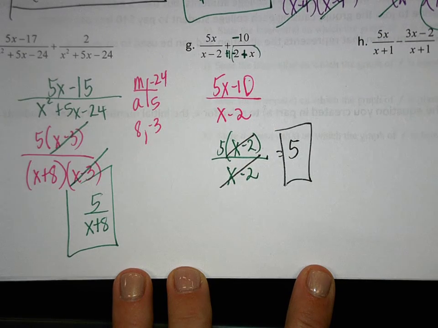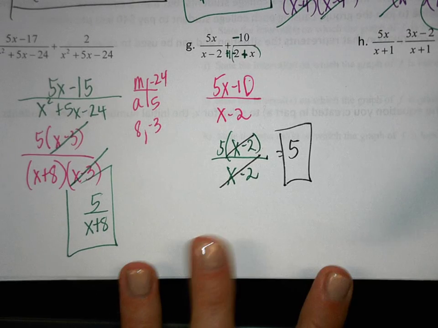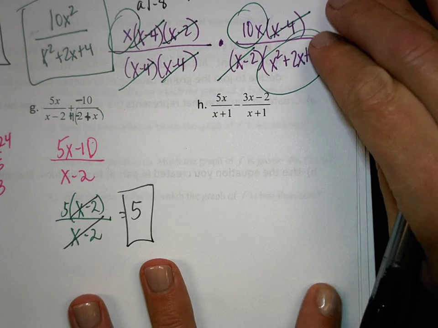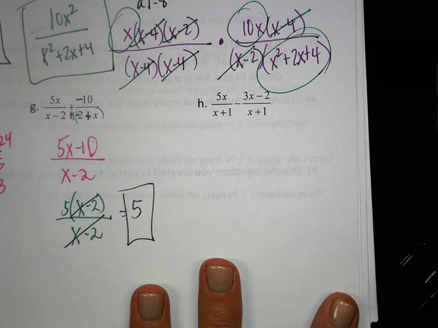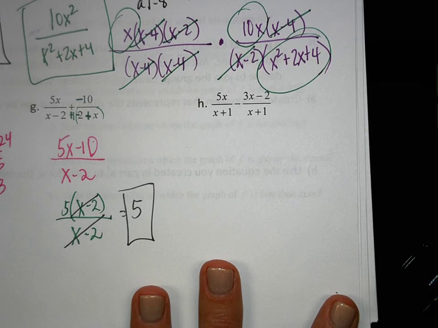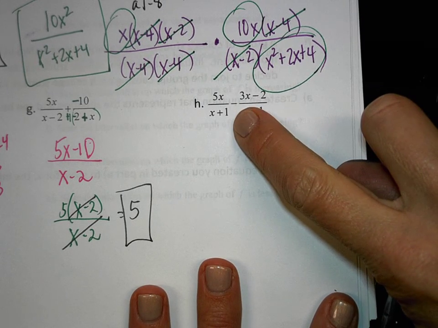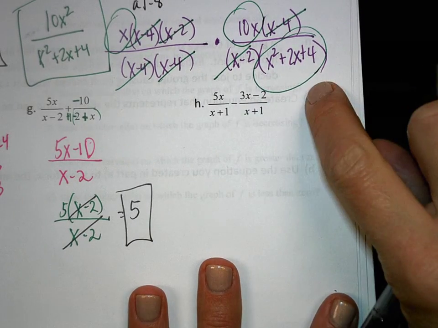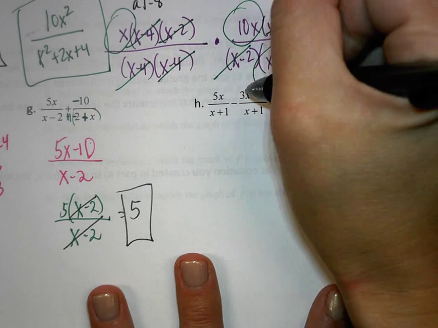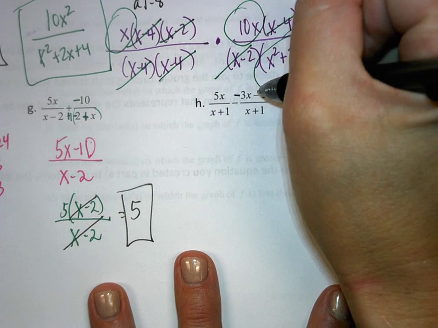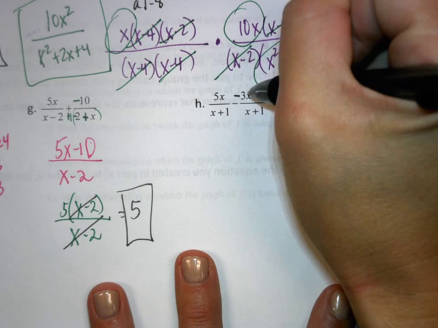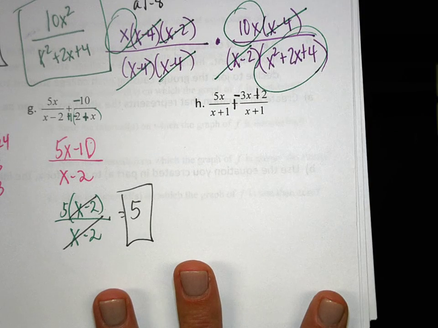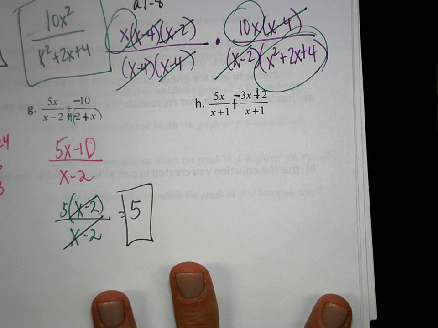Any questions? Okay, this one looks pretty easy, but what do we have to do? You have to distribute your negative to everything on the top of that second fraction. So this becomes a negative, and this becomes a positive, and this changes to positive. So now what do we end up with on the top?